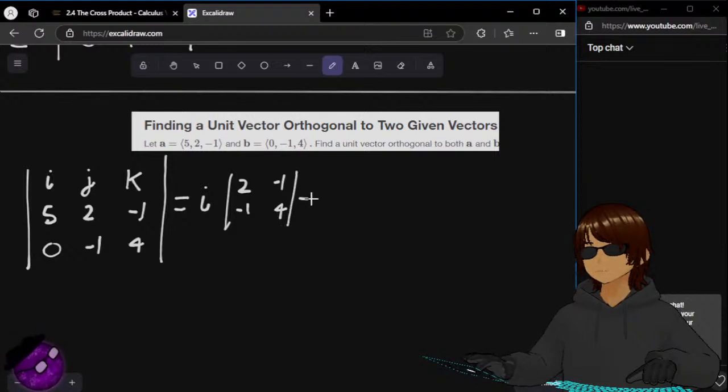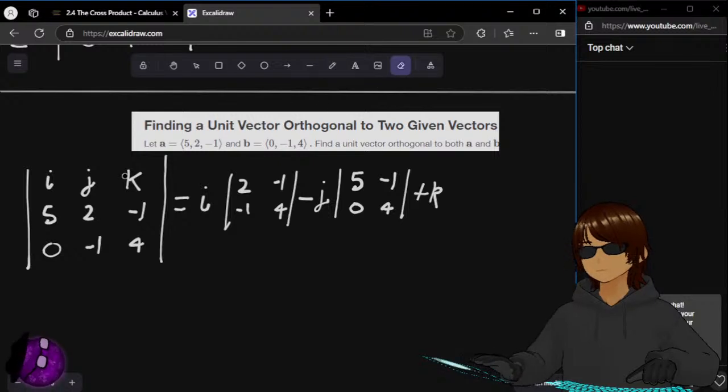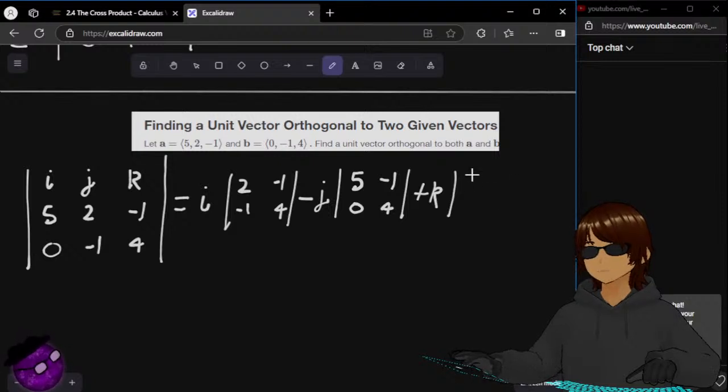And then we have -J, determinant of these two. Plus it with K. Determinant of 5, 2, 0, -1.